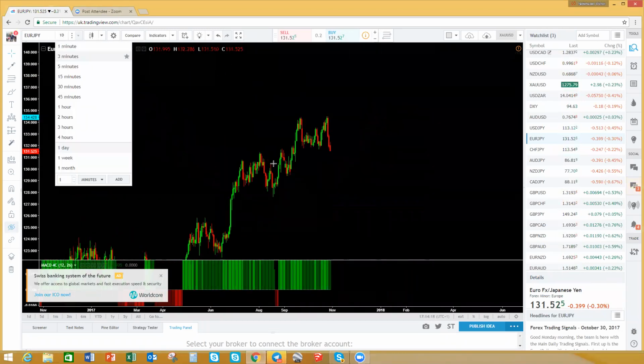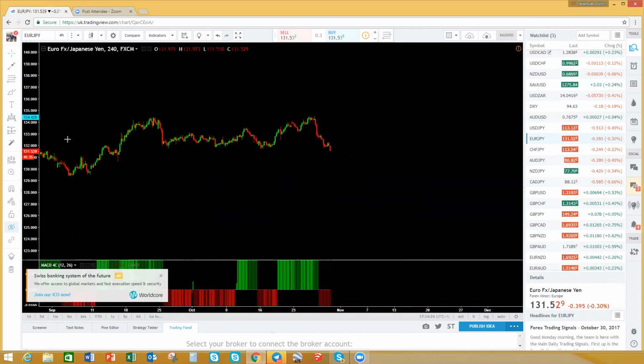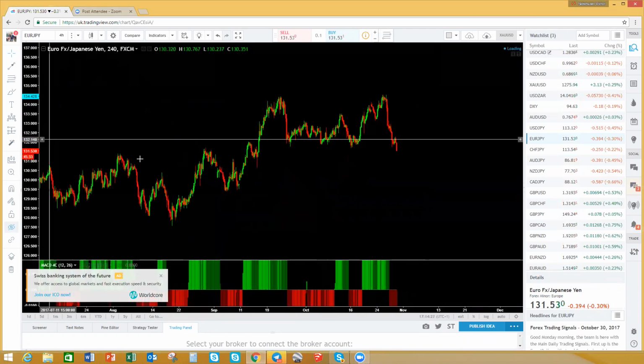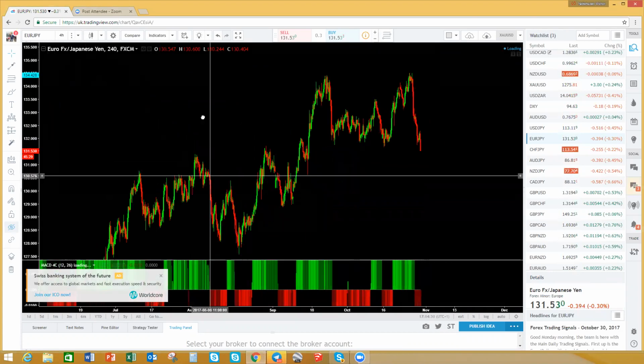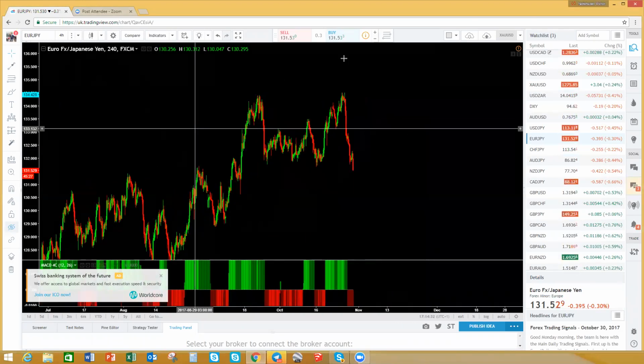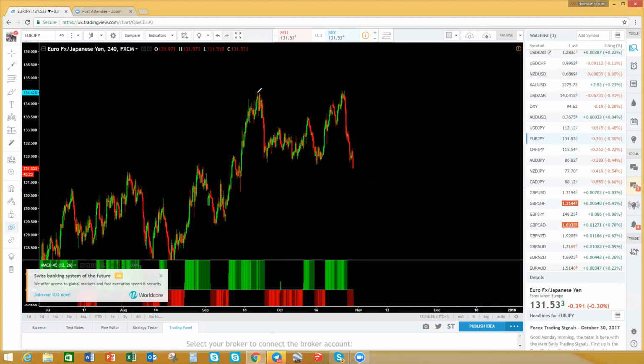I'm going to go to the 4-hour just to show this pattern here. And this pattern has happened on another Euro pair. So this one is going all the way down. Okay, the euros are actually going down. All the euros are looking bearish. So at the end of the cycle, you got this impulse to the downside.